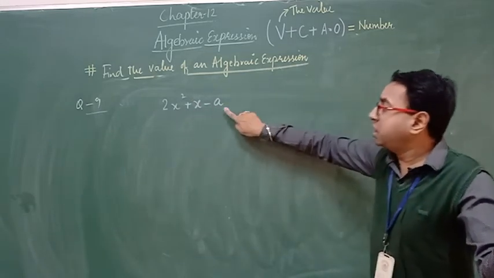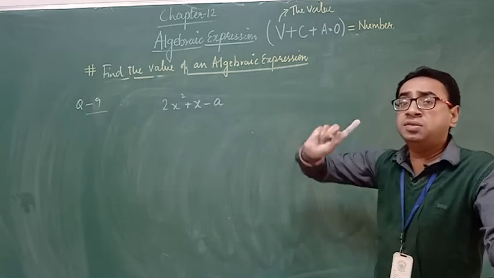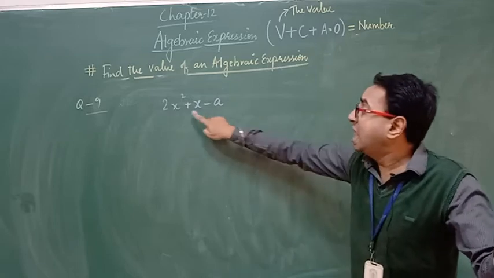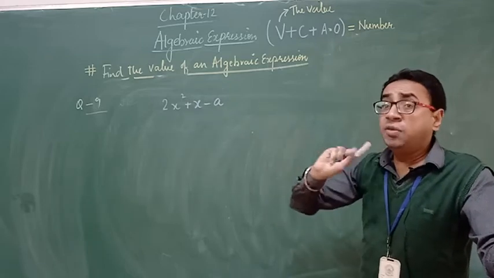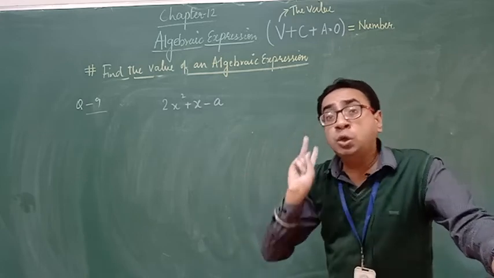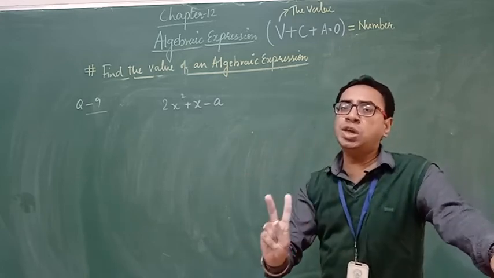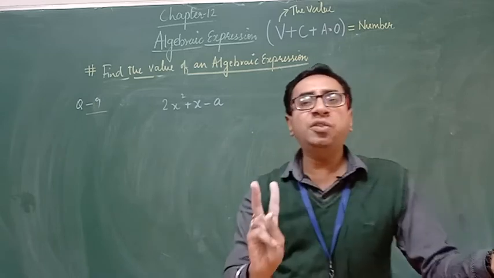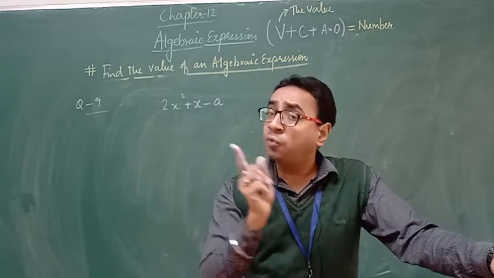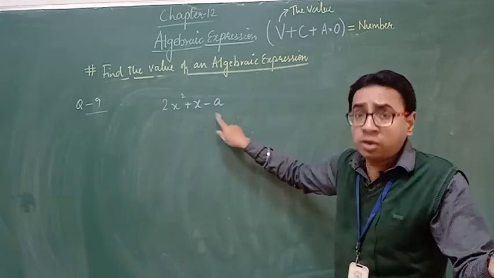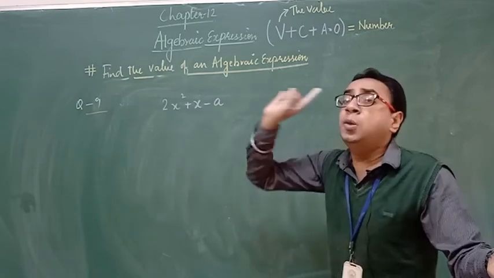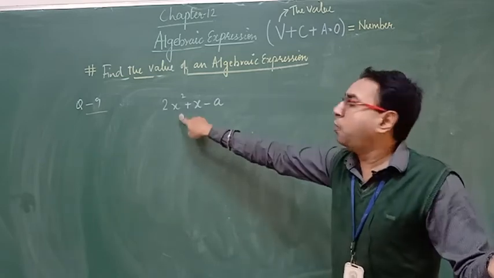In this algebraic expression, we can see two variables, x and a. We cannot find two variables at the same time. For two variables, we must have two equations to solve. But if one particular equation or algebraic expression is given, we have to know the value of one of the variables.